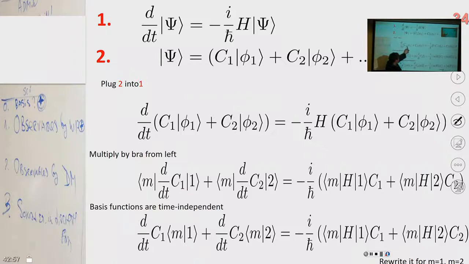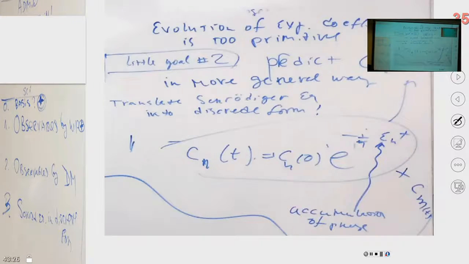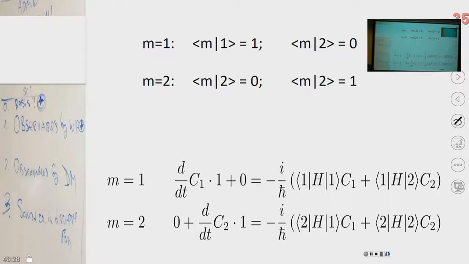So this is where we are. Multiply by the bra from the left, and make sure that we do not have time dependence in the basis functions. What else is left? Plug in specific values of m. In our case, we can plug m equals 1, m equals 2, and see how this equation will change. If m equals 1, then this convolution becomes 1, the second convolution becomes 0.